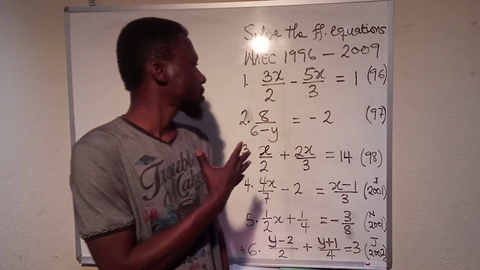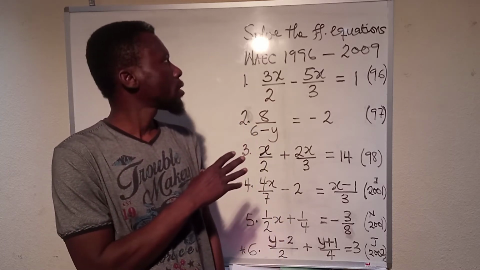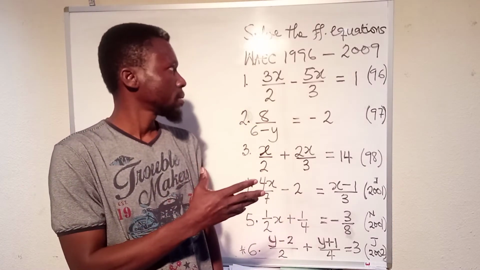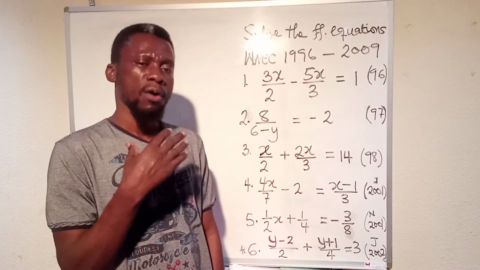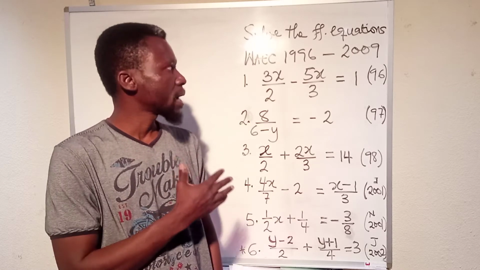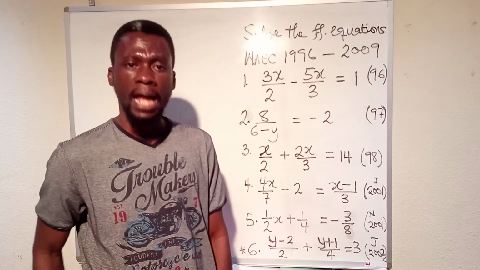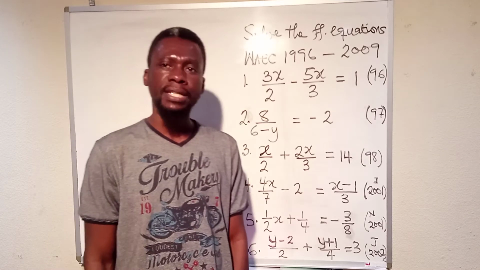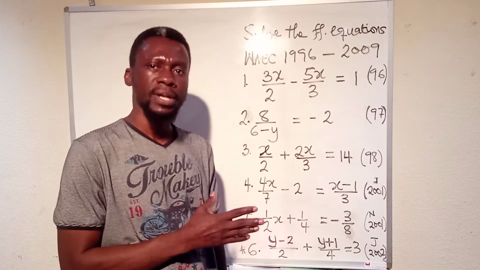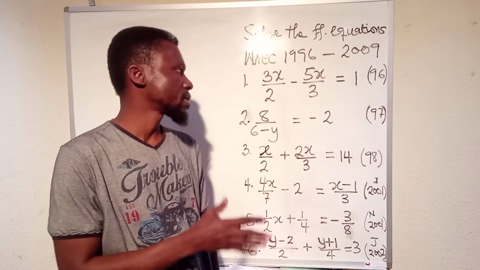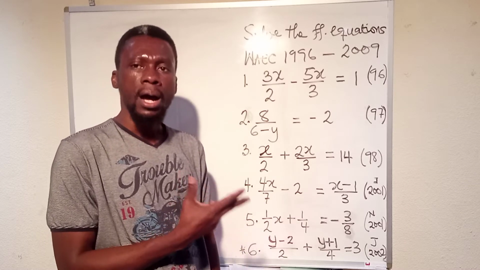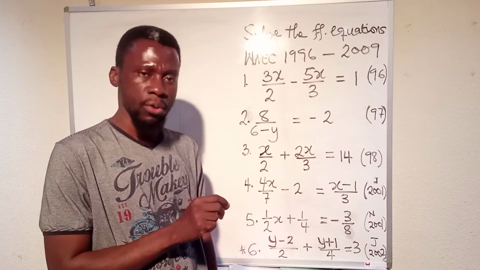Now these questions are all linear equations questions of WAEC. That is WAEC past questions from 1996 to 2009. However, I had 11 questions. Some are objective questions, that is multiple choice questions, and some were section B, that is theory questions.